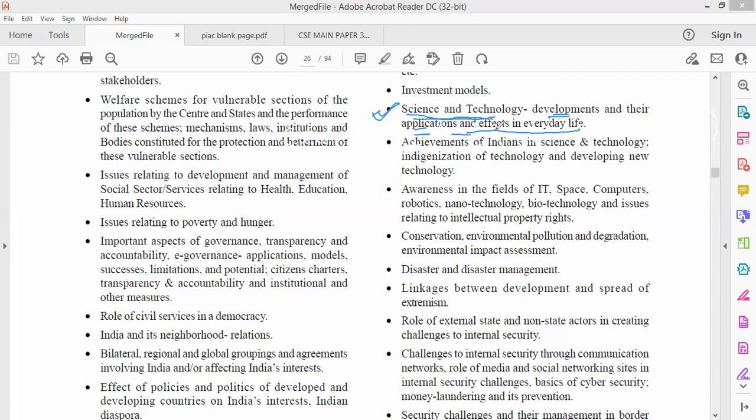As I told you, in prelims you have a general science part, and in your main paper it is science and technology. You have already studied till 5th, 6th, 7th, 8th, 9th, 10th.